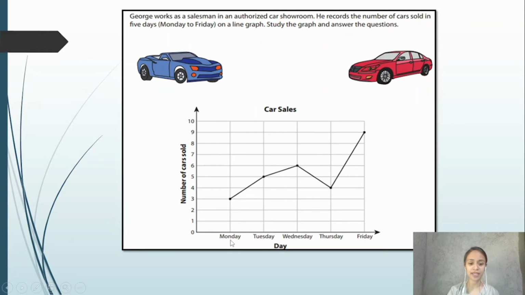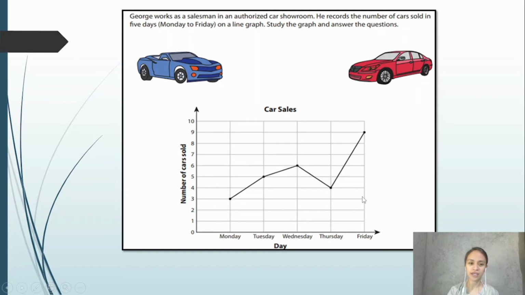On Monday, how many cars were sold? The answer is 3. On Tuesday, how many cars were sold? 5. On Wednesday, 6 cars were sold. Thursday, 4 cars were sold.